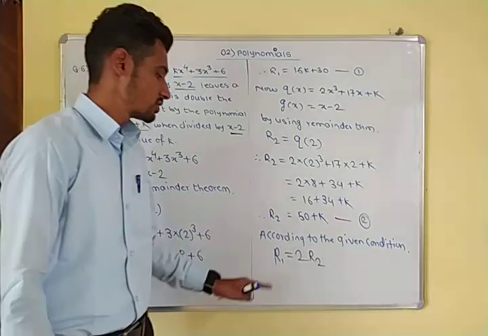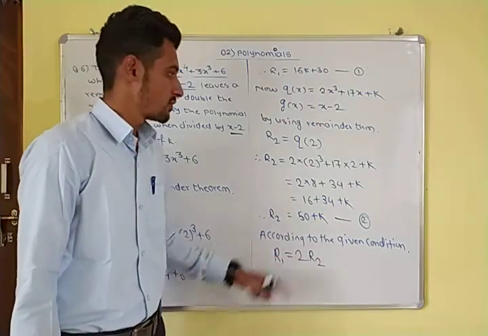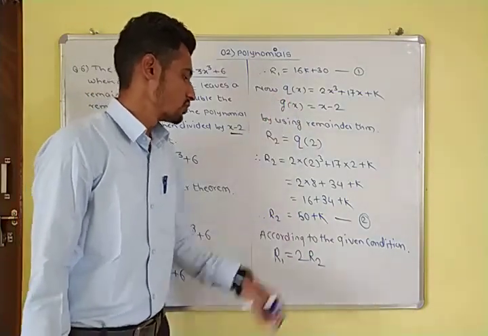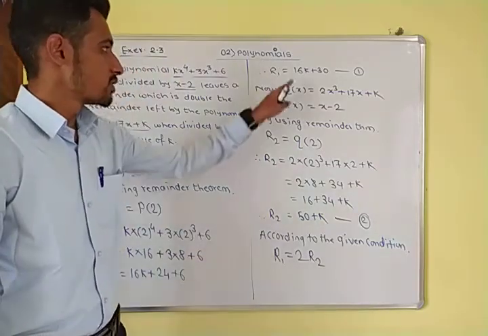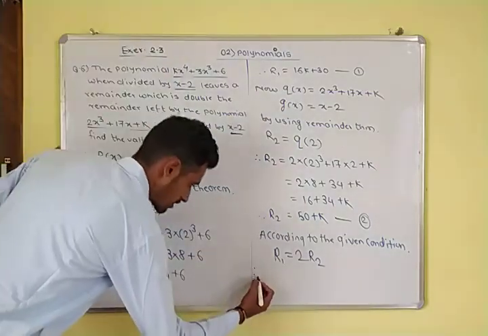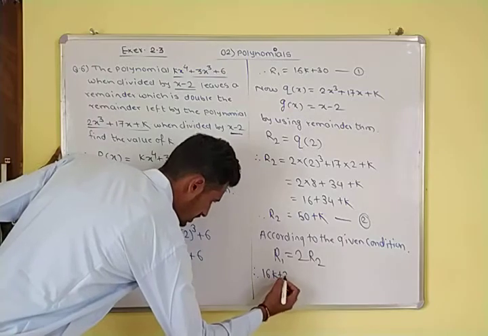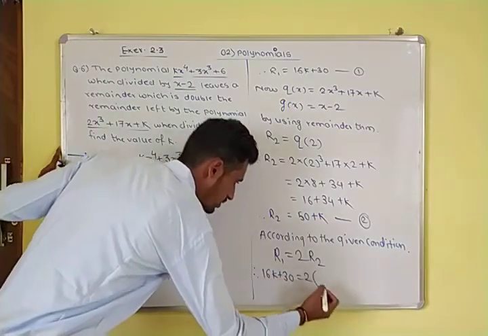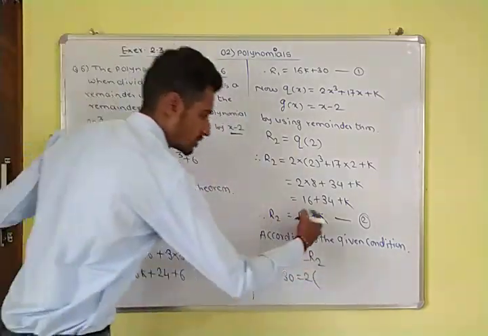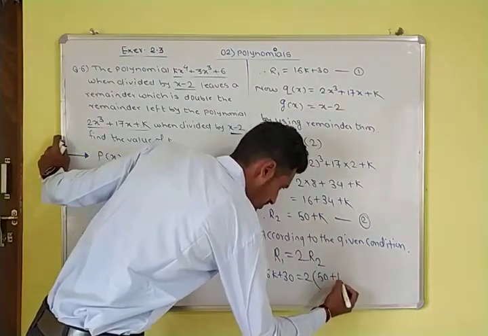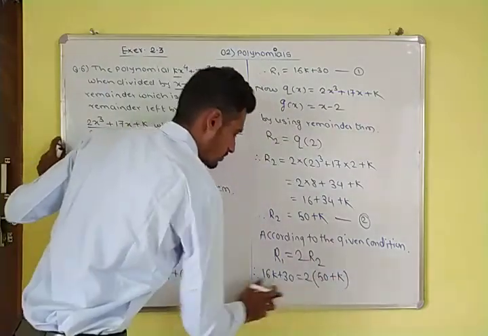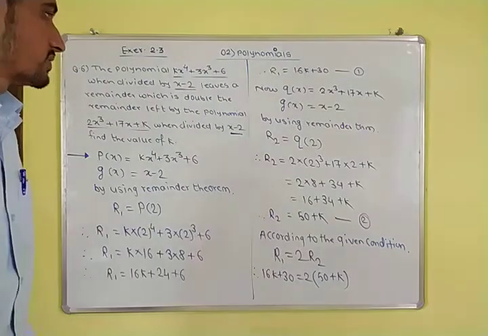So put the values of r1 and r2 from equation number 1 and equation number 2. The value of r1 is 16k plus 30, so 16k plus 30 is equal to 2 into r2, and r2 is 50 plus k.